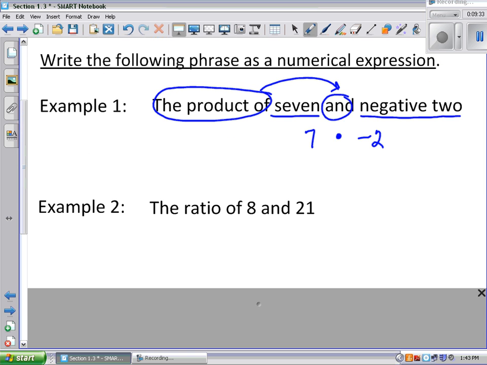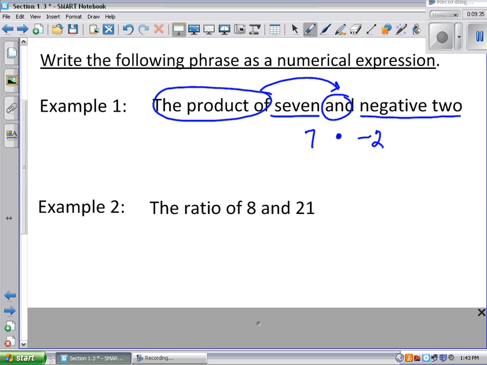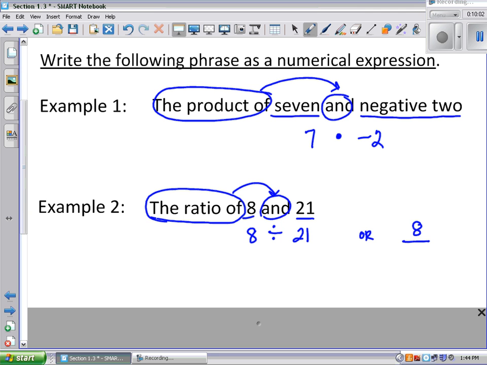In example 2, we have the ratio of 8 and 21. If I underline my numbers and then go back and circle my phrases, the ratio of and, ratio tells me to divide, so we can write it as a division problem, 8 divided by 21, or more commonly we write it as a fraction, first number in the numerator, second number in the denominator.